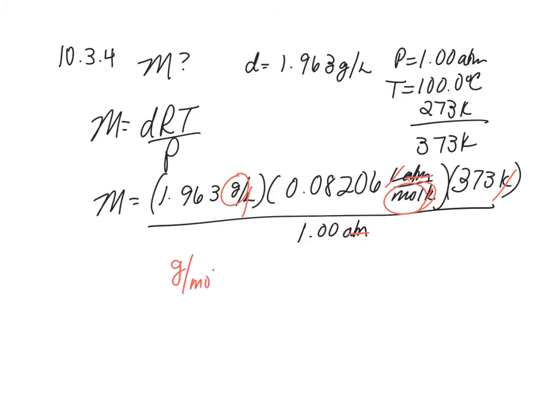Is that the correct unit? So it kind of gives you a layer of checking. And yes, that is the correct unit. And when you put this in your calculator, you get 60.08. And you could actually probably assign that with elements or a compound if you were given those choices in your multiple choice questions on an exam. All right, now we're going to go on to section 10.4.